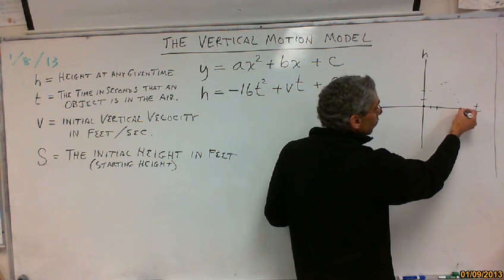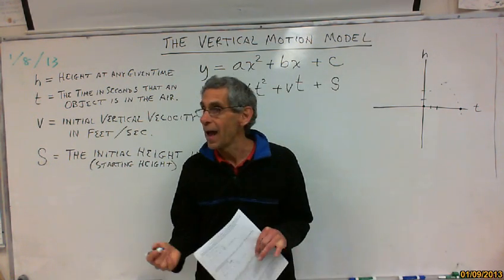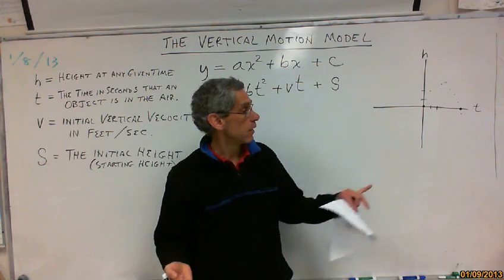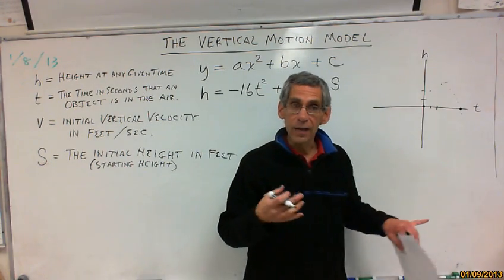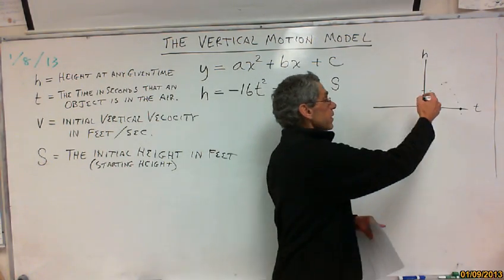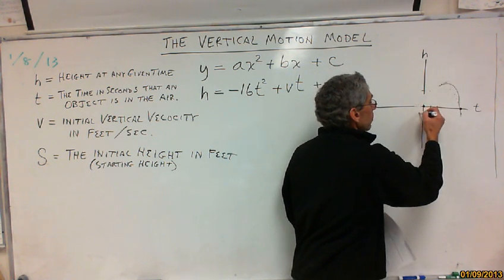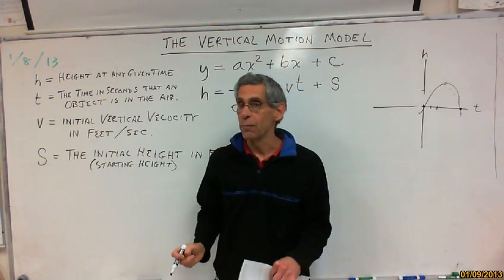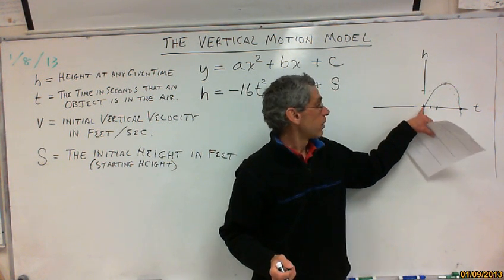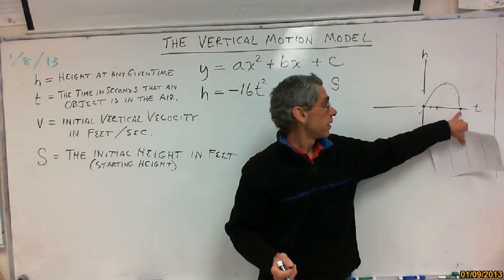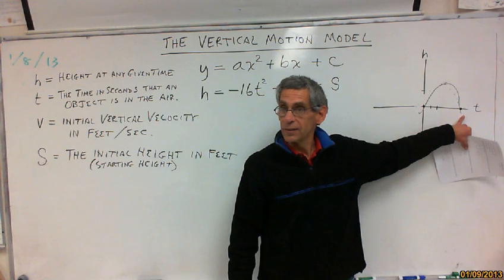So the question is, when do I hit the ground again? How many seconds will it take me to hit the ground? That's the kind of problem we're going to be working on. It is a parabola. It starts at ground level at 0, and I land again at the x-axis, 0.